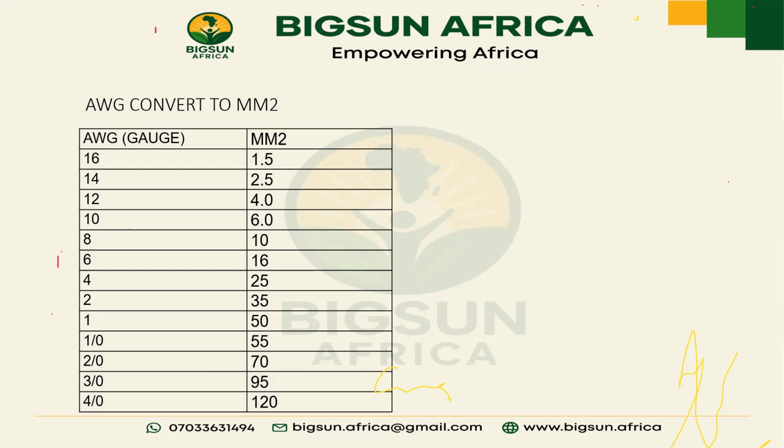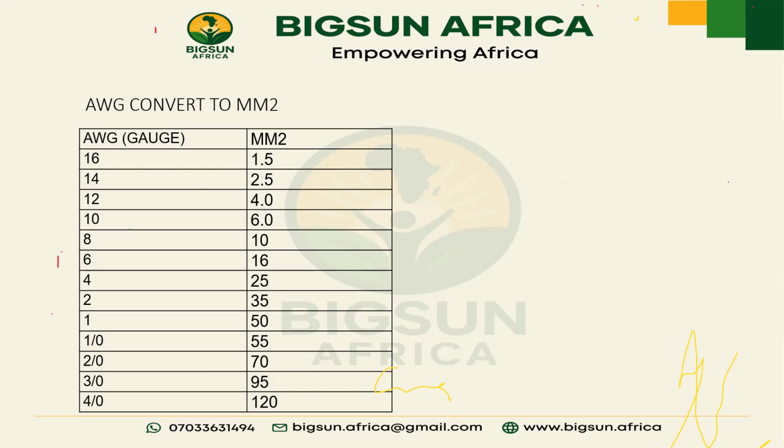So our amps now, we have 100 amps. This is the current multiplied by the distance, which is 3 meters. When we are using VDI, what is the unit we are using for distance? That's feet. So 3 meters is how many feet? That's 9 feet.